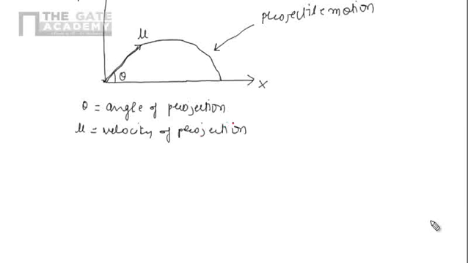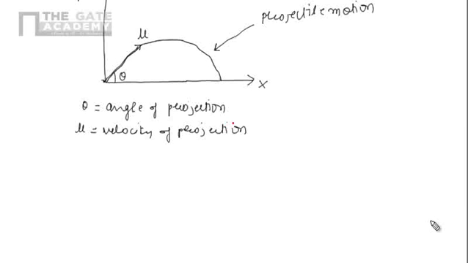These are the terms which are useful in projectile motion. In our daily life, if we throw a cricket ball from one place to another in air, we can say that it's a projectile motion. There are a lot of equations which describe the different physical quantities related to projectile motion.